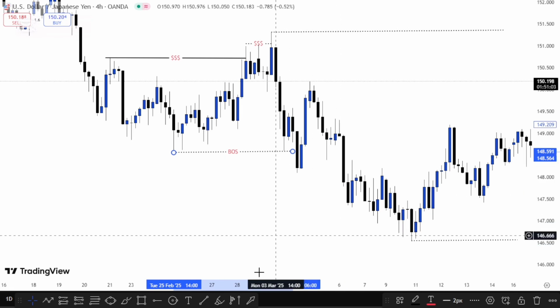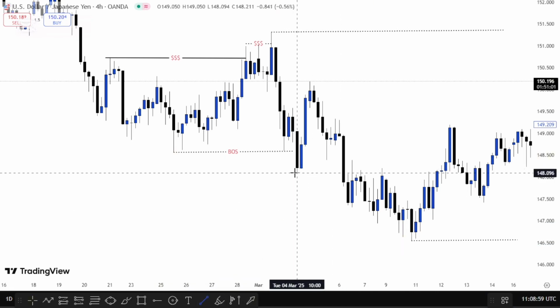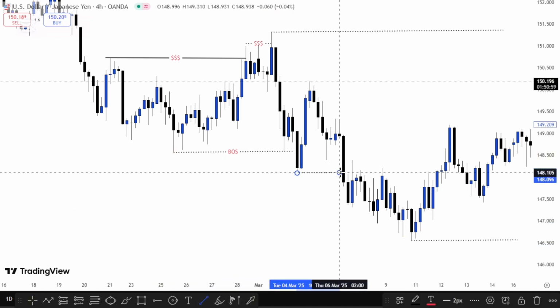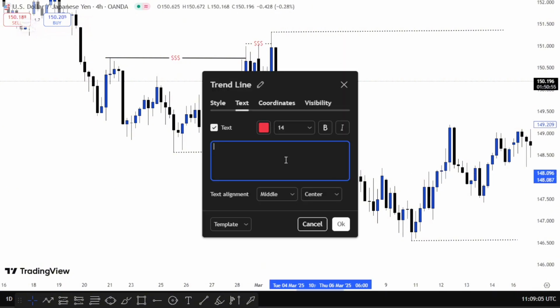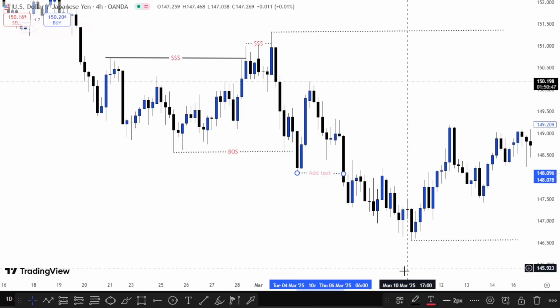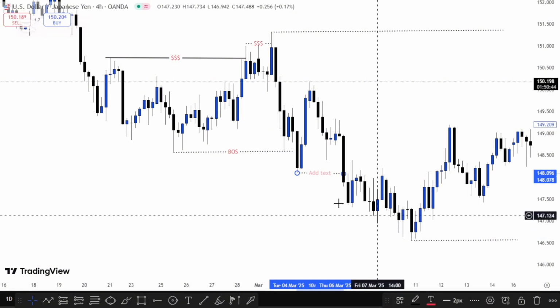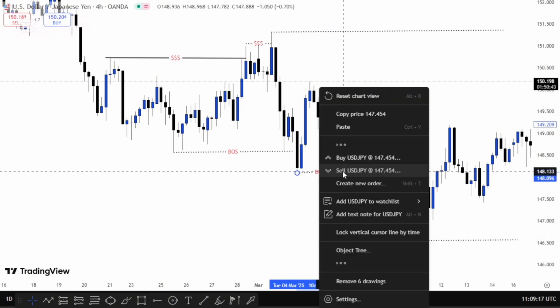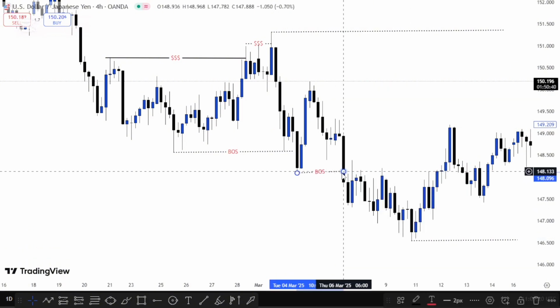All right, we have a break of structure. We have a second break of structure to the downside. So since we have a second break of structure to the downside, now we're just going to go ahead and mark our draw on liquidity.